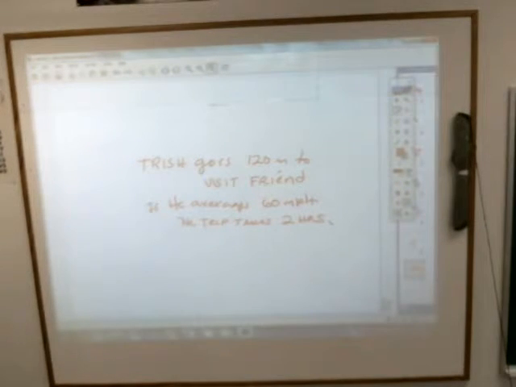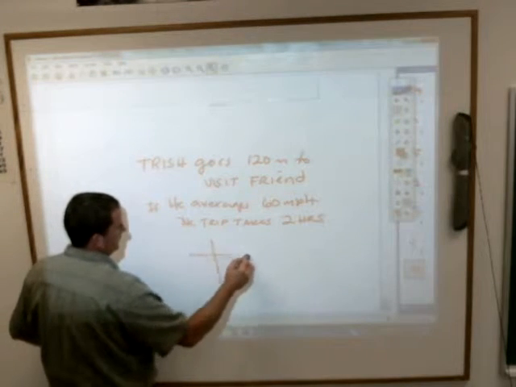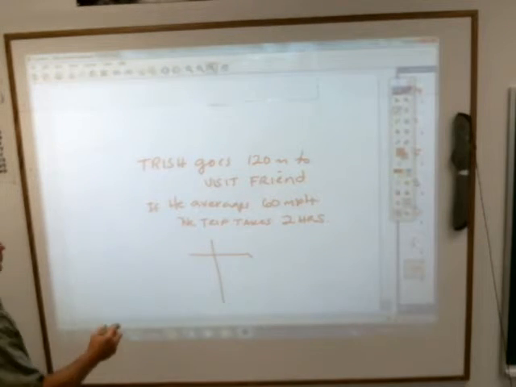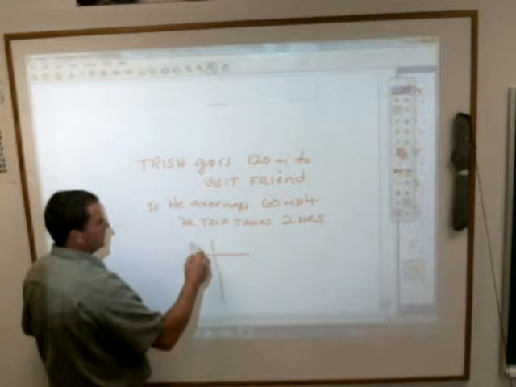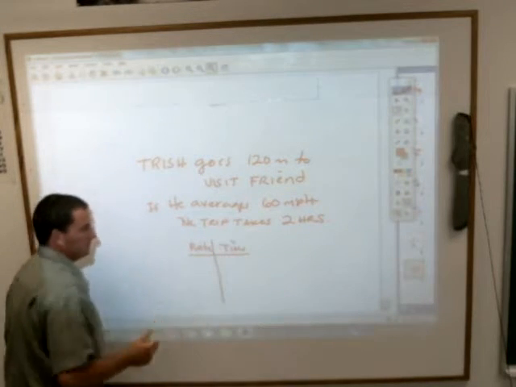Okay. Now take a look at this. Let's make a table of this, where the x value is the rate, how fast he's going, and the y value is how long it takes him to go.